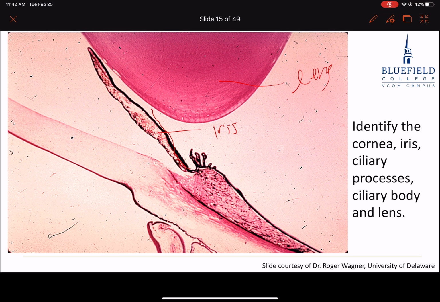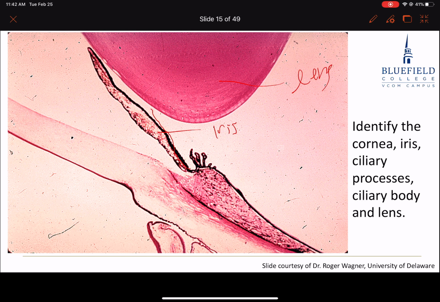Posterior cavity. Realize the posterior chamber is part of the anterior cavity. So it's behind the iris right here, and basically a line, let's say, coming down something like this would be your vitreous body. Okay, so all this would be vitreous body back here. And so if I was going to label posterior chamber, I'd either label it here, or right here. Okay, anterior chamber up here.